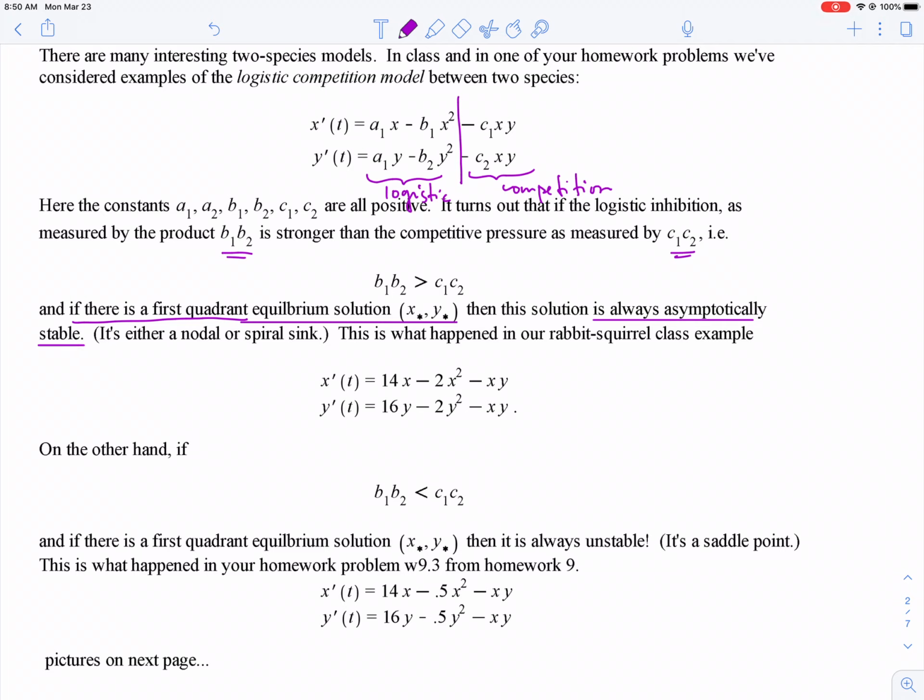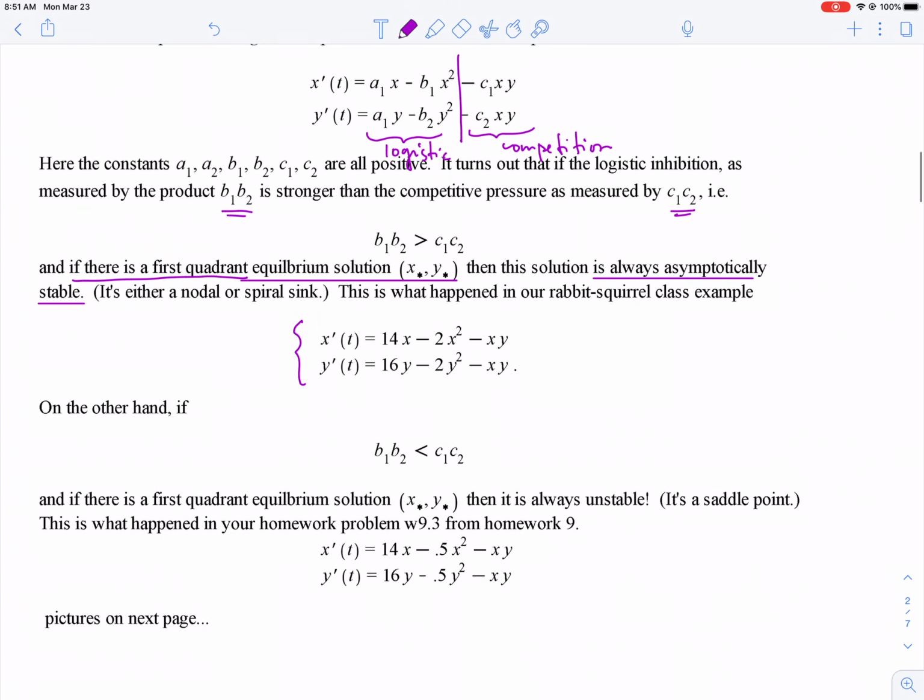That's what happened in our example from the last lecture. It'll either be a nodal sink or a spiral sink. And this was the example from last time.